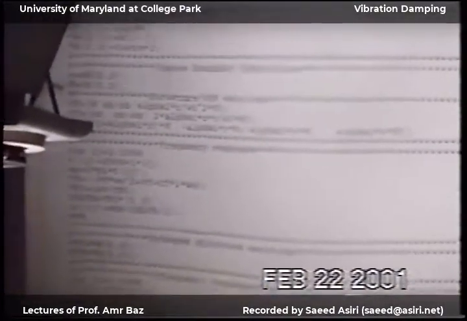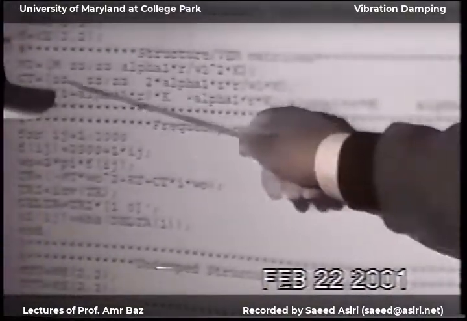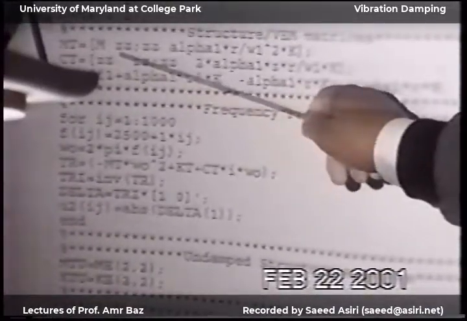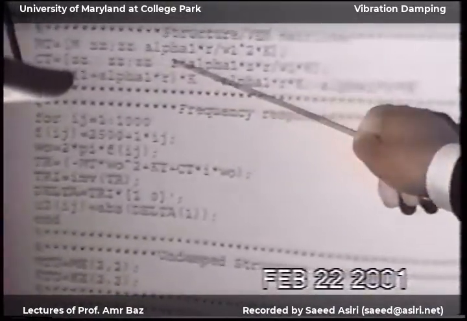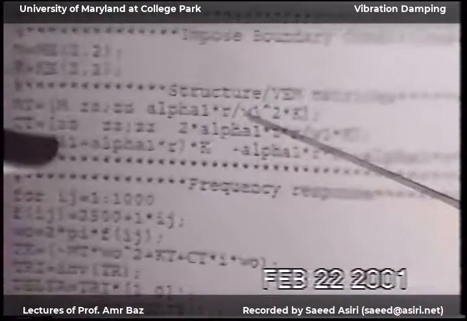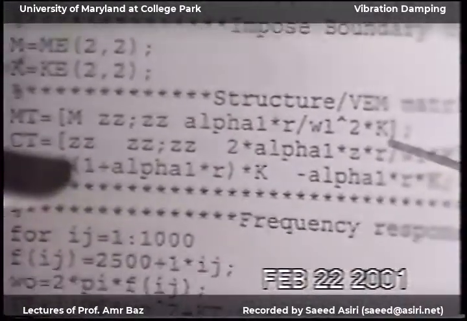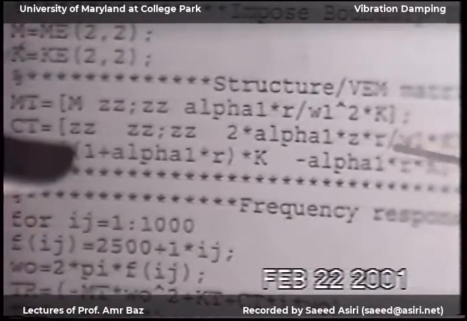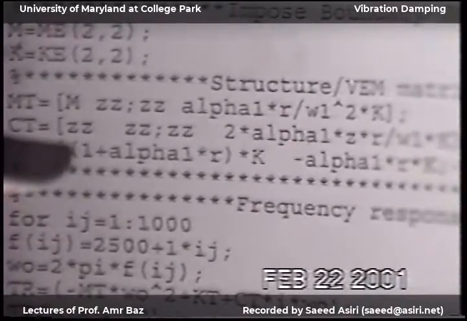Generate all this. The mass total is the mass and then 0. And then 0 and then alpha R divided by omega 1 squared times K. Okay? So that's the first one. And then so on and so on. Now I have all this.